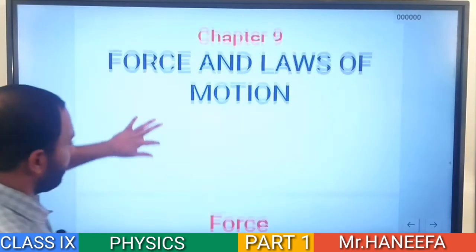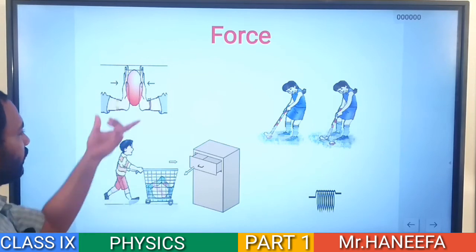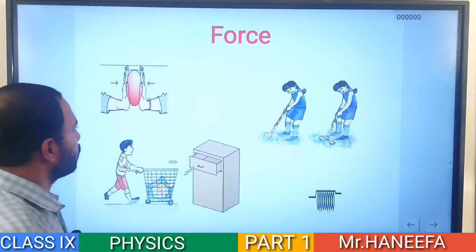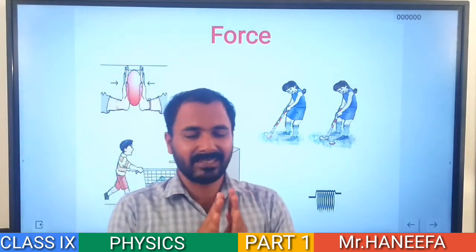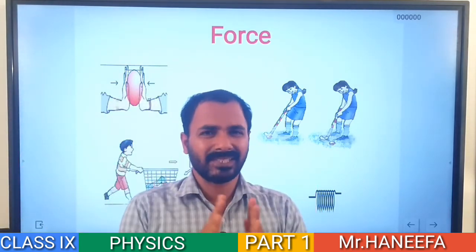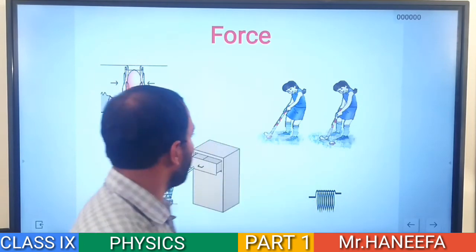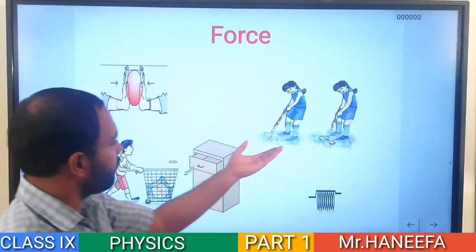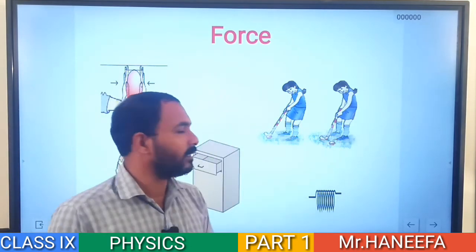So, here is some examples for the force. In the first case, a ball is pressed, or a ball is compressed. Second case, a girl is playing hockey.